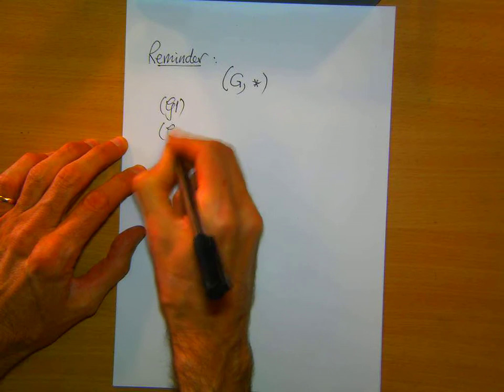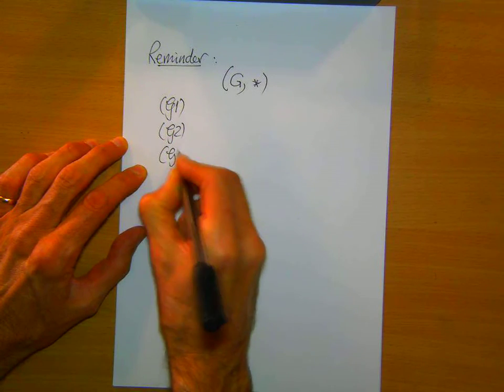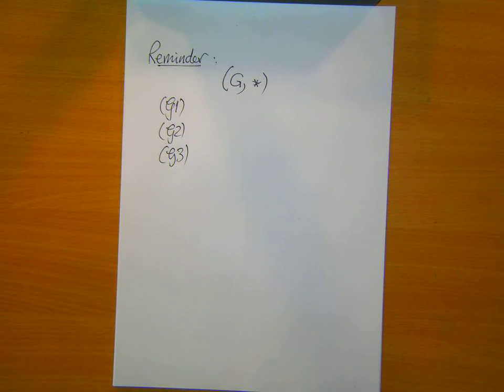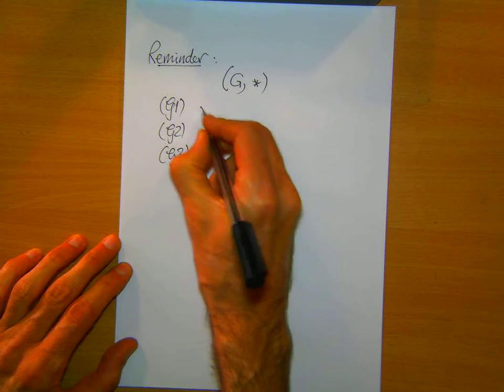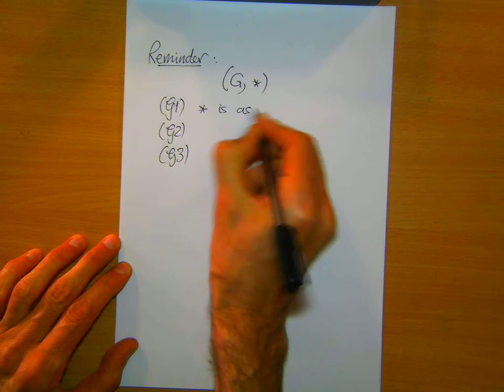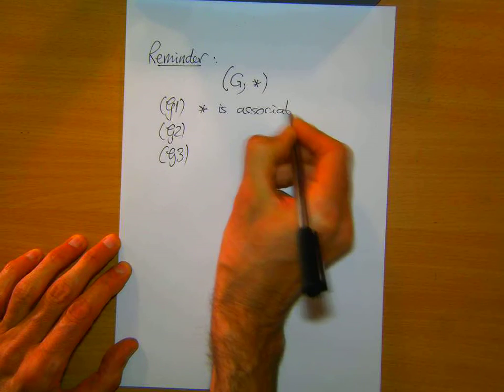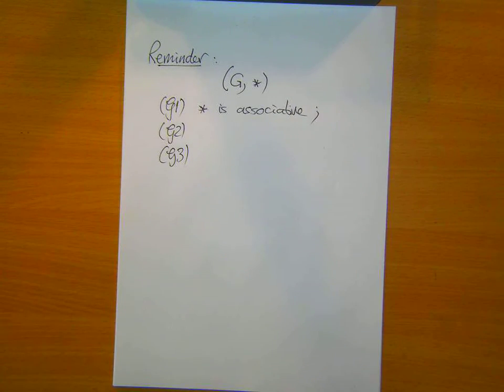And we have three axioms that this binary operation has to satisfy. Firstly, it's nice to work with associative binary operations. So we'll always assume that our binary operation is associative.